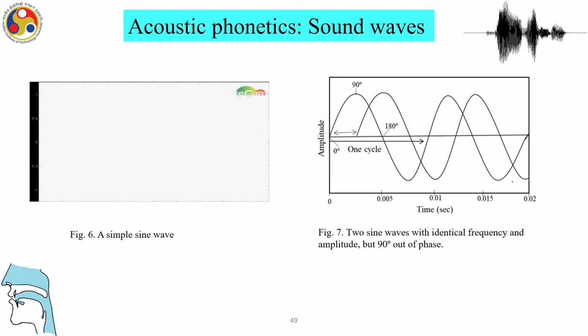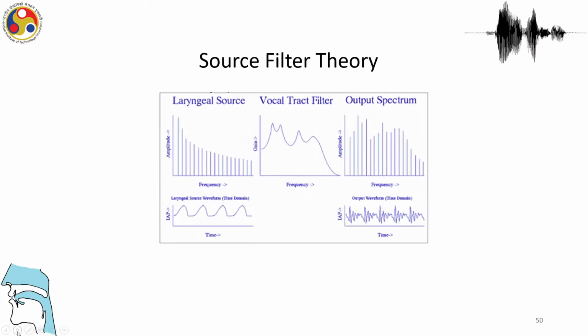Sorry, we have two identical sine waves here, and we will have another one here. This is a typical output spectrum, with multiple repeating patterns.